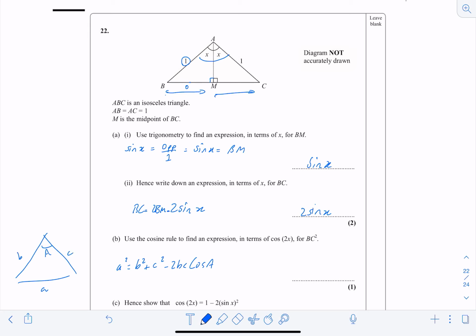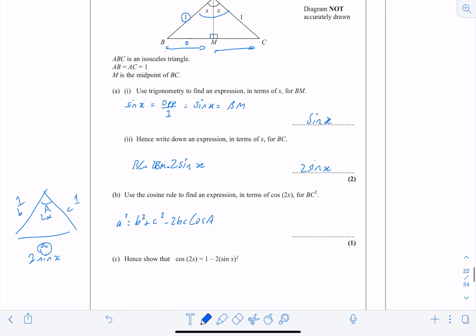So this is what we've got here. So our angle A is going to be 2x, our B is 1, our C is 1, and our A here is 2 sine x.